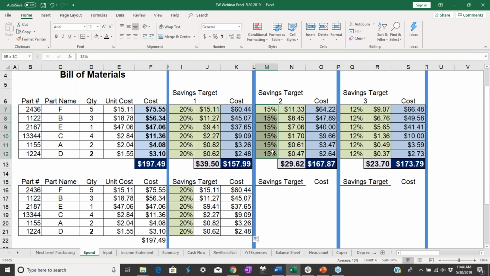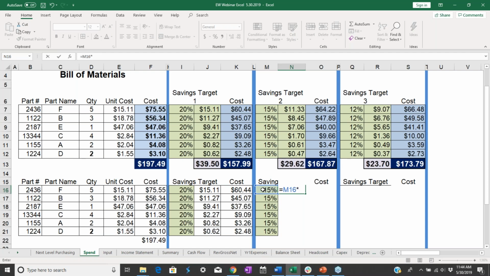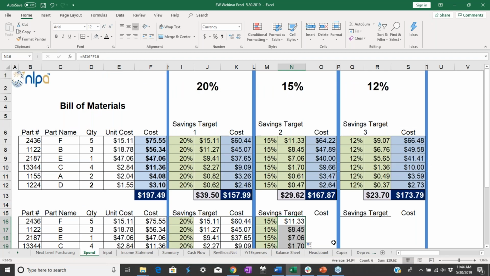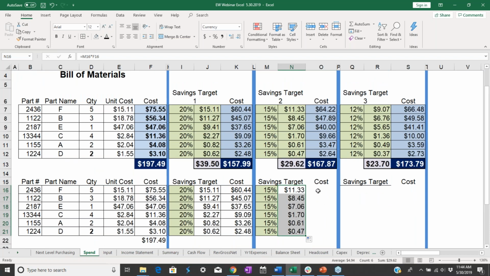All right, we're going to copy and paste this, bring this down, and then we're looking at a 15%. I'm going to explain in a minute what this means and why we have that 15%, that 20%, and that 12%.